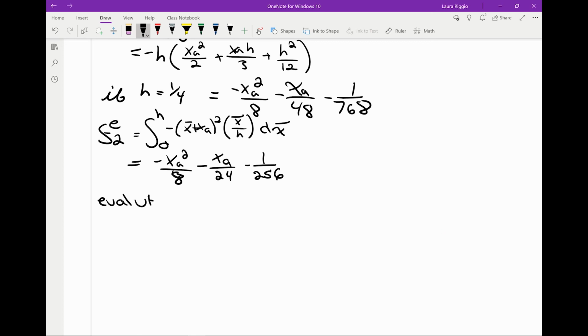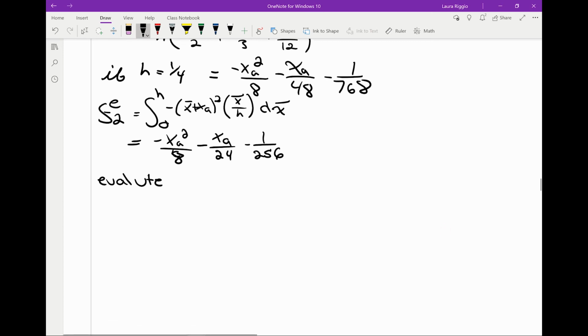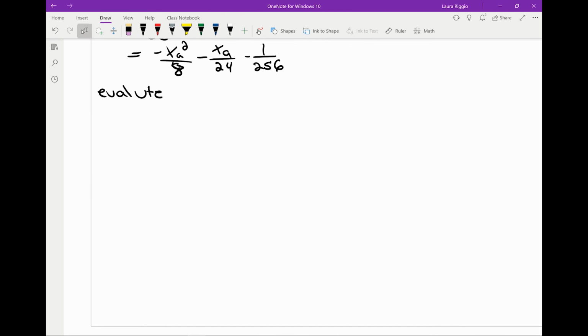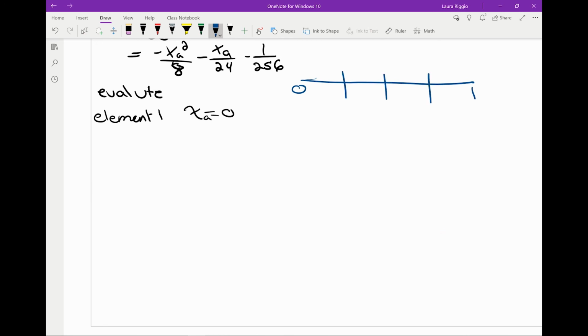So now that we know what Fe1 and Fe2 are, we're going to evaluate for each element. So for element 1, xa is equal to 0. I'm going to draw my domain that goes from 0 to 1, and I wanted 4 elements.